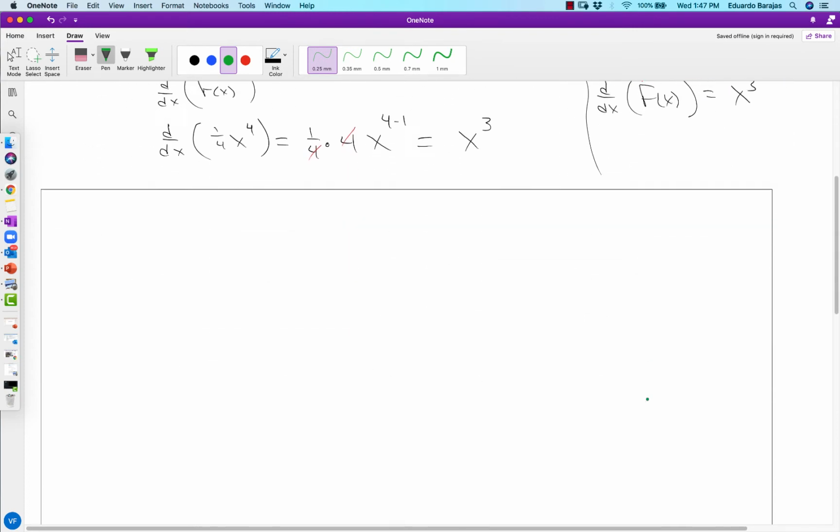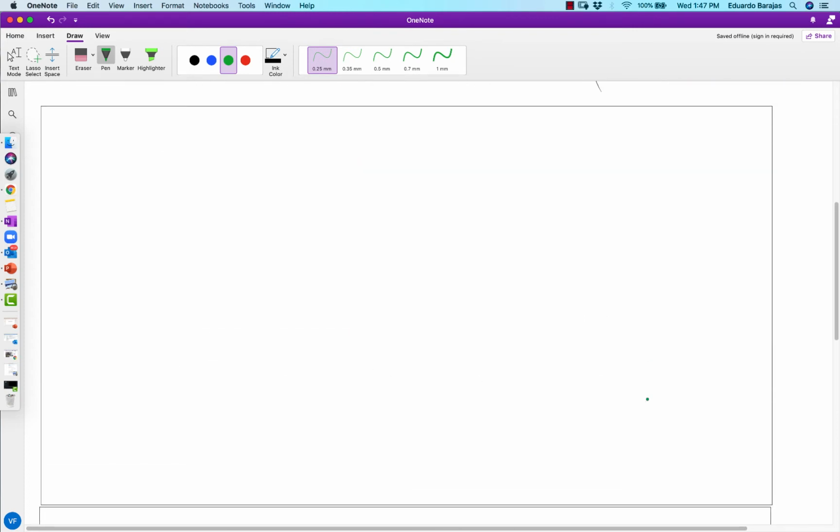So F of x equal to 1/4 x to the 4th power plus 1 will work. Let's call that F sub 1. F sub 2, another one that will work, will be 1/4 x to the 4th plus e squared.